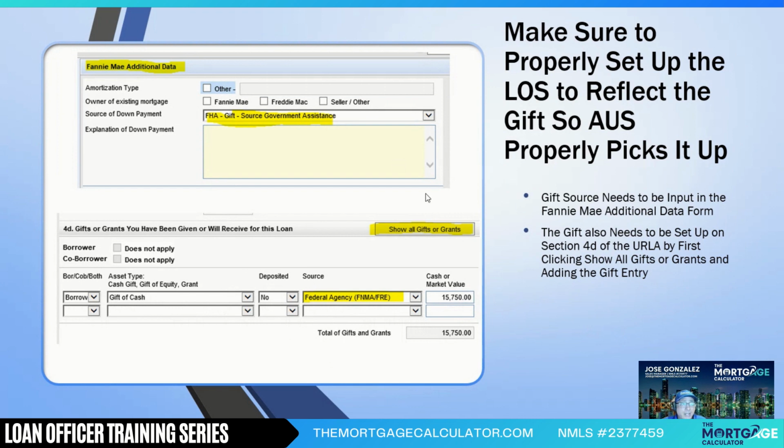And then doing it in these two ways will ensure that AUS will pick up the gift being from a governmental agency and will know that it's down payment assistance so that you don't have any problems with your AUS findings. That's how you get it to properly code for these DPA type programs.